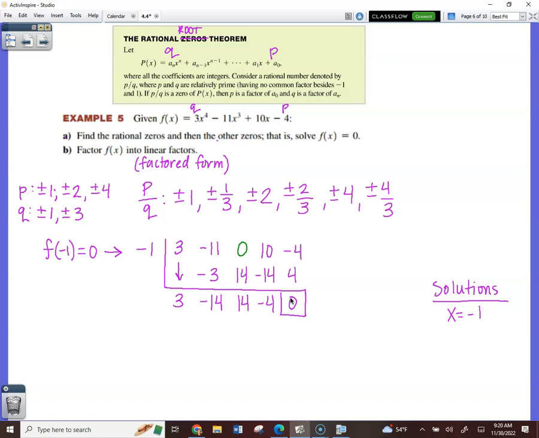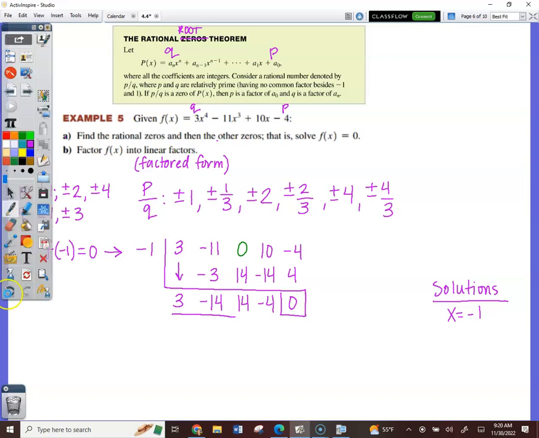Okay, big picture, focus. The goal was solve. It started as a 4th degree polynomial, right? Okay, I just divided a solution into it. So this would actually be a, what degree polynomial?